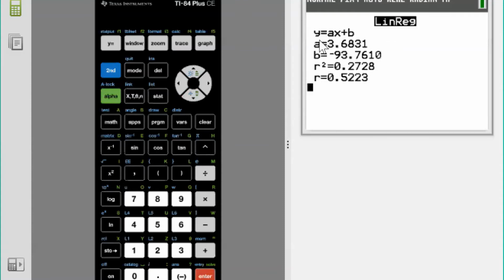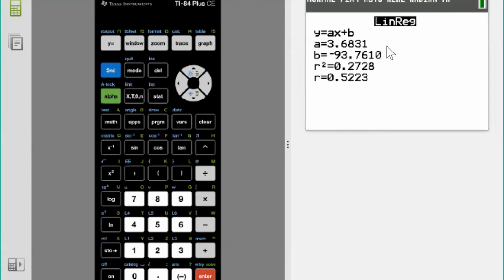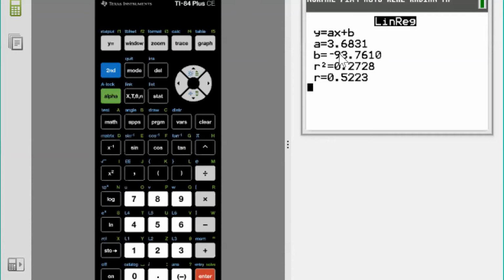Now see, here is the equation y equal to ax plus b. That is the equation of line of regression. So in place of a, you'll write 3.6831. Write down in your note catcher, y hat equal to, in place of a, the value of a, which is 3.6831 x.